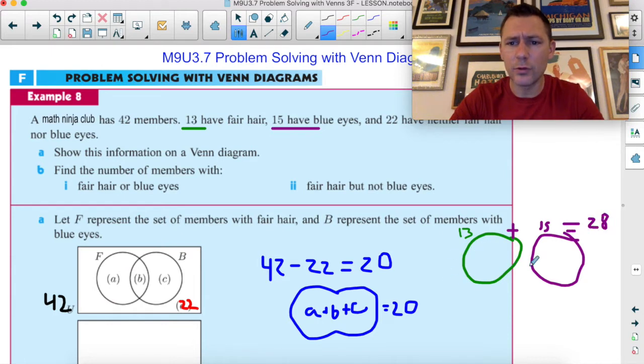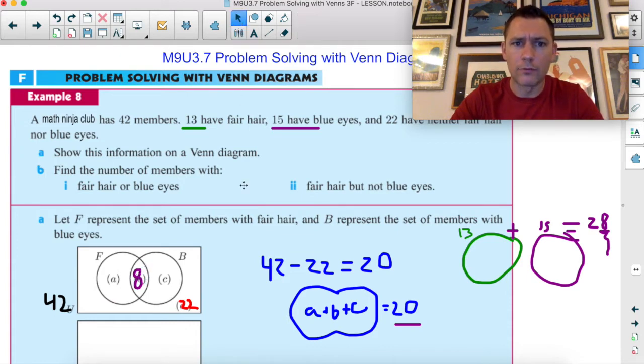Like there's 28 in these two circles. However, I know that there can only be 20 in those circles. And so the difference of those two, we have 8 people double counted. And those 8 people are right here.